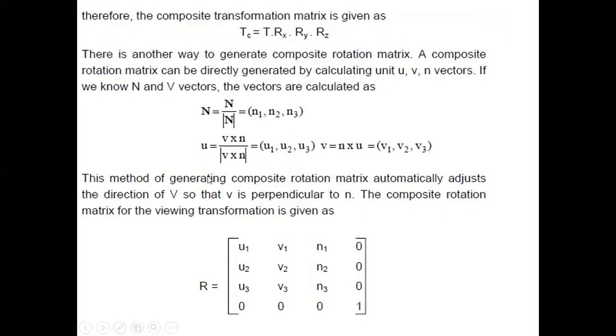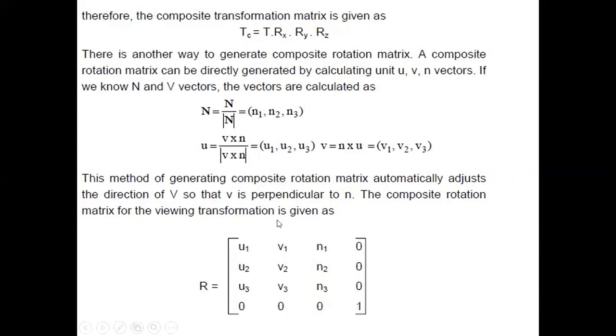Here n1, n2, n3 means the normal vector components in the direction of the x-axis, y-axis and z-axis. You can also write it as nx, ny, nz. So u is equal to v cross n, which we get as u1, u2, u3, that is ux, uy and uz.